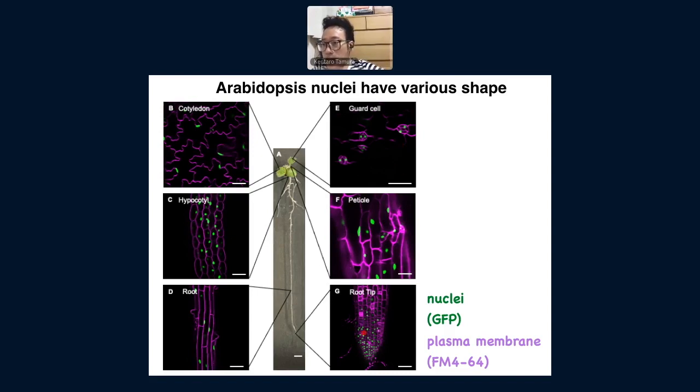In root tips, where meristematic cells actively divide, the nuclei are small. However, after cell division, cells begin to grow and the nuclei get elongated. So our question is how nuclear identity is maintained and what molecules are involved in nuclear structure in plants.